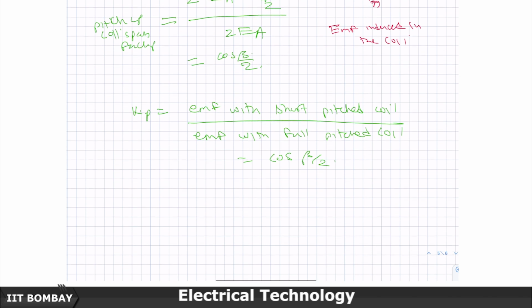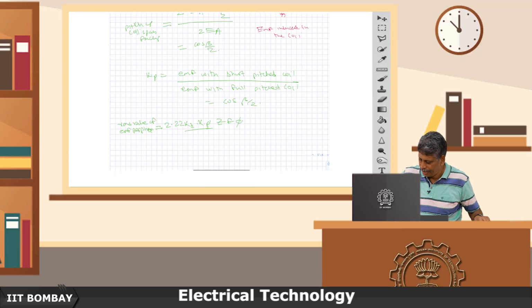So, if earlier we had talked of the distribution factor Kd, now we are talking of pitch factor Kp, and if the number of conductors are Z, then the induced RMS value of EMF per phase is going to be equal to 2.22 Kd Kp f phi Z. So, both of these factors will have some effect in reducing the net RMS of the voltage.